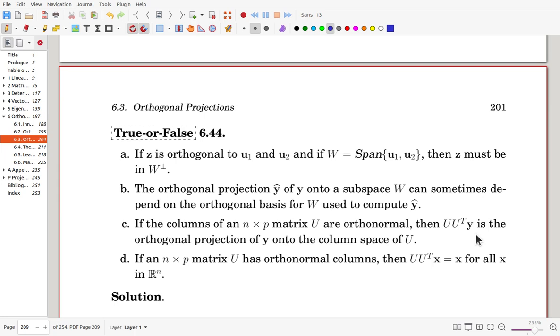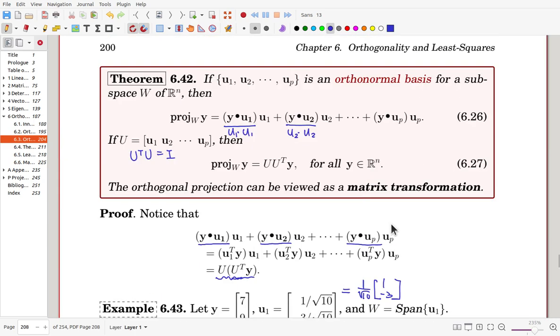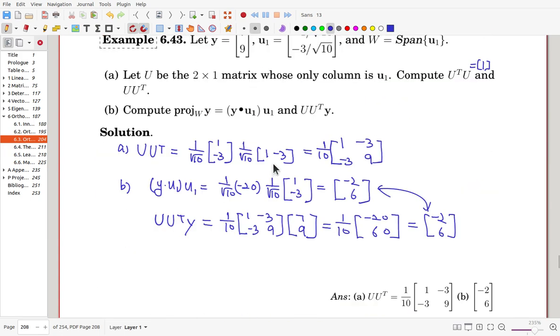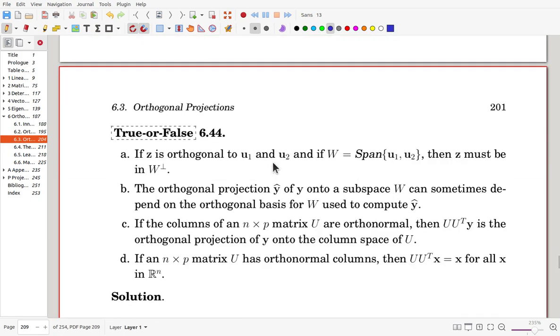Yeah, this is a sort of verbal statement of that theorem. Next: if an n by p matrix U has orthonormal columns, then UU transpose X equals X for all X in Rn. Is it true?